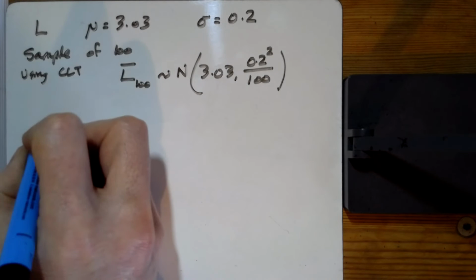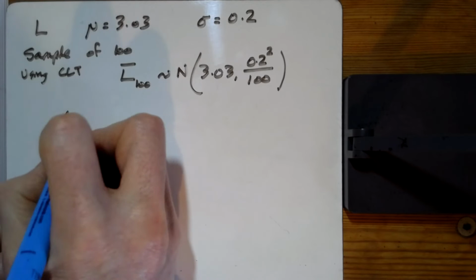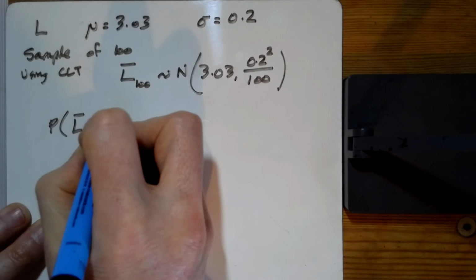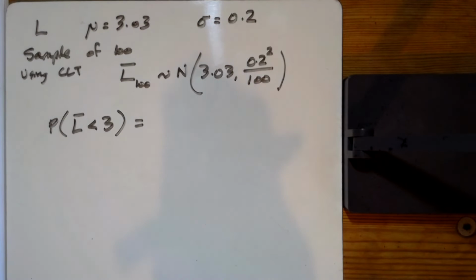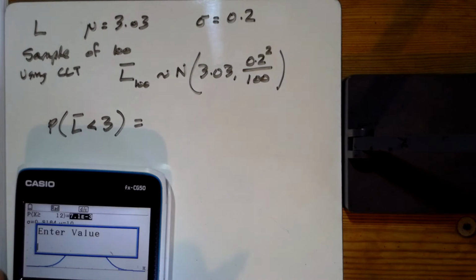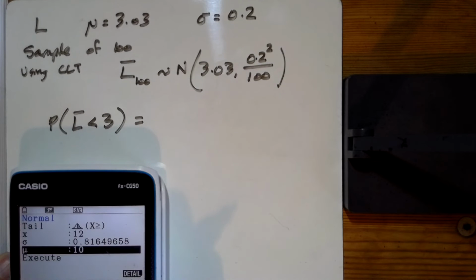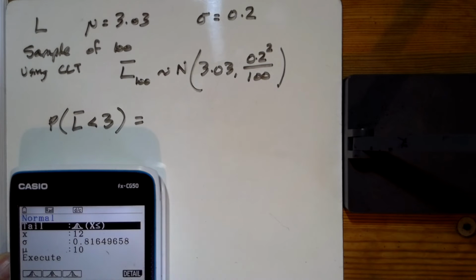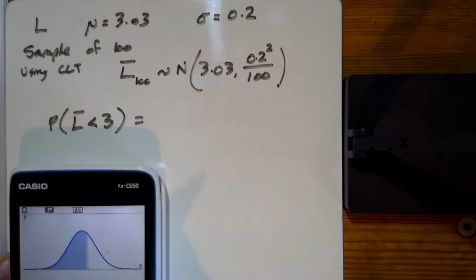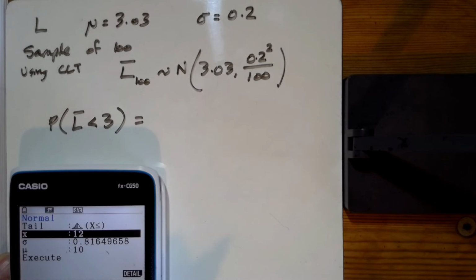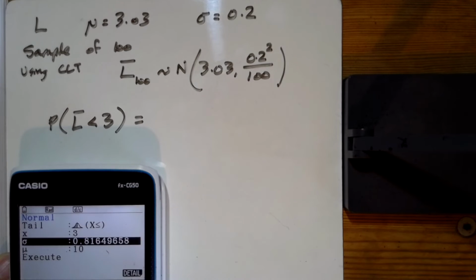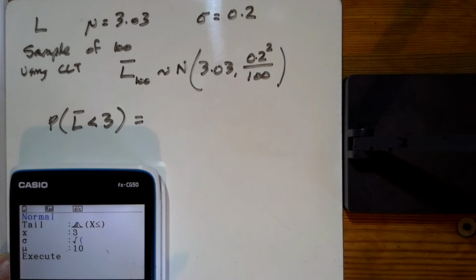What do we want? We want to find the probability that this sample mean is less than 3. So we can just do that on the calculator. Let's put that up here. We want less than 3 with a standard deviation of the square root of 0.2 squared divided by 100.